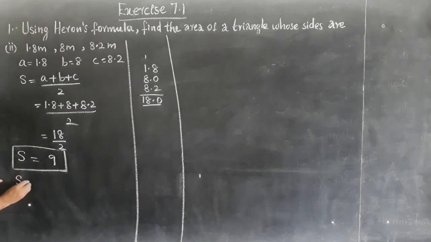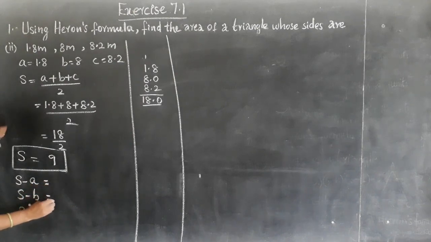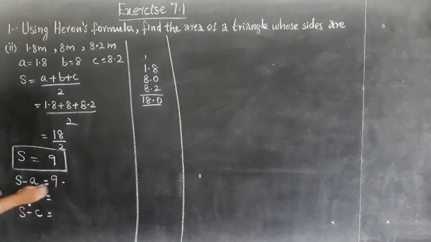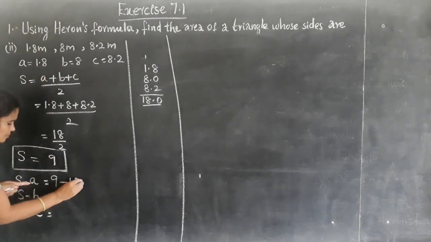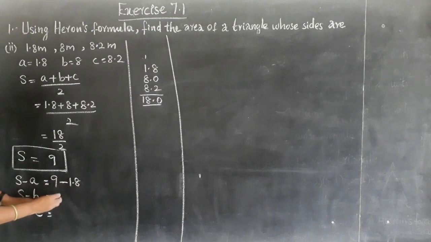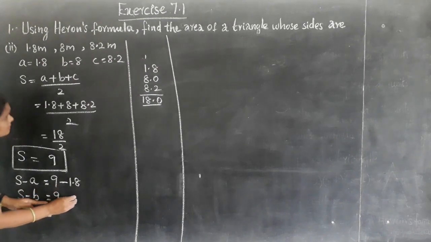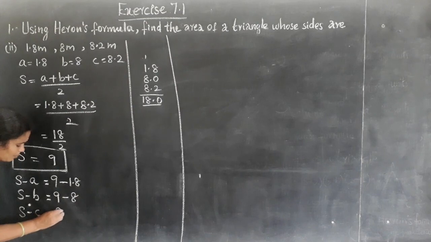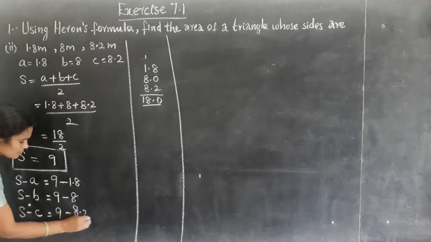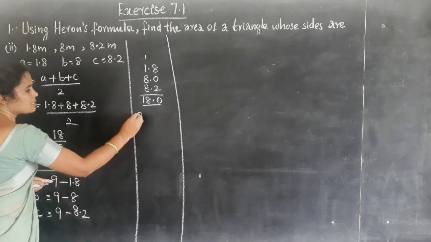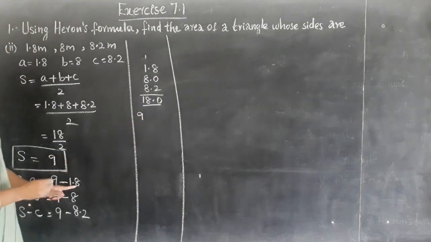And then find S minus A, S minus B and S minus C. So 9 minus A 1.8, S minus B 9 minus 8, and S minus C 9 minus 8.2. Okay, 9 minus 1.8.